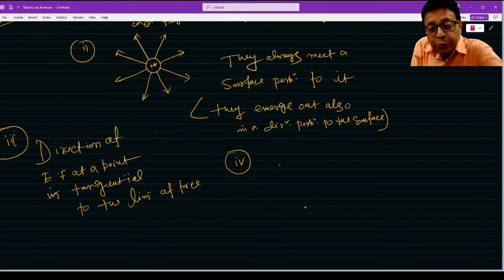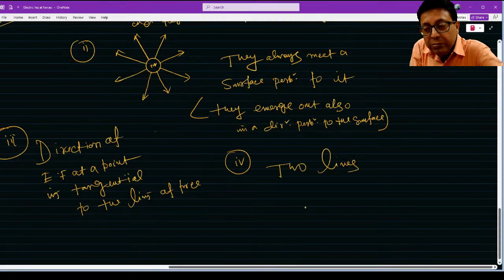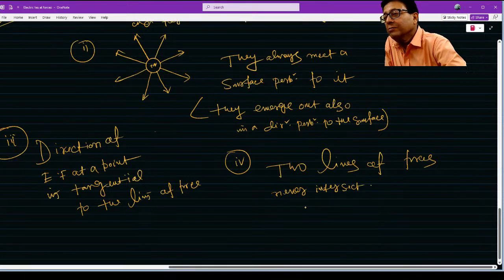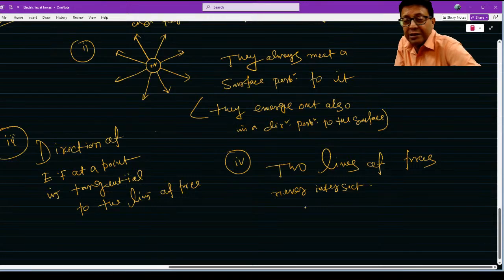Two lines of forces never intersect. Why can they not intersect?